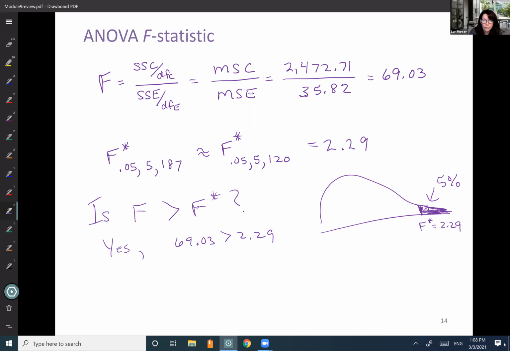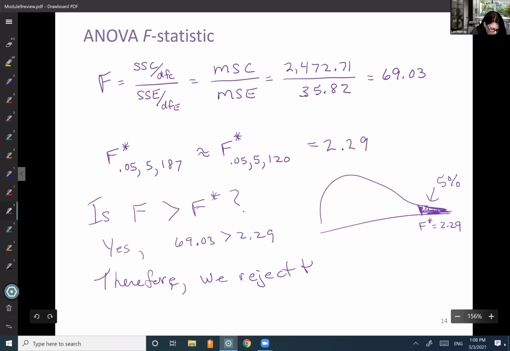So the between group is much different than the within group. Therefore, we reject the null hypothesis.